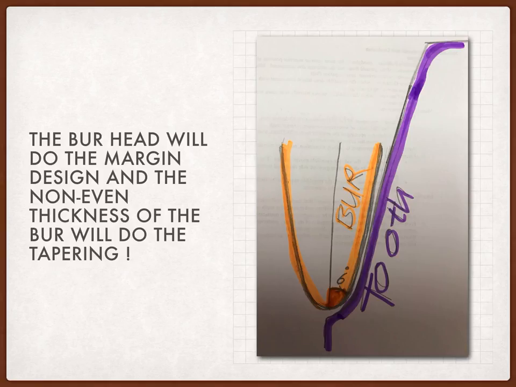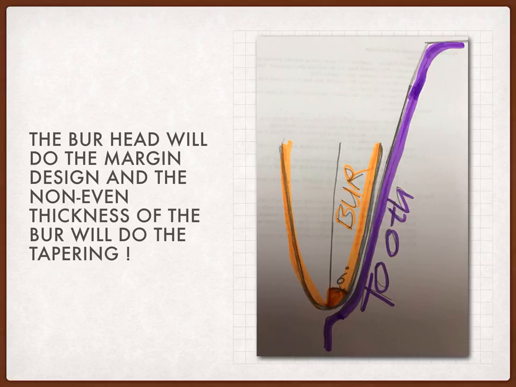You should know that the bur has an inclination and it is not even. That inclination is 6 degrees. So that by only putting the bur vertical around the tooth, it will spontaneously make the 6-degree tapering.